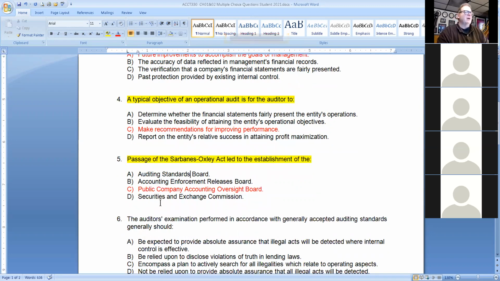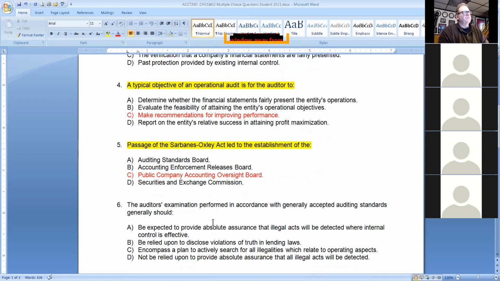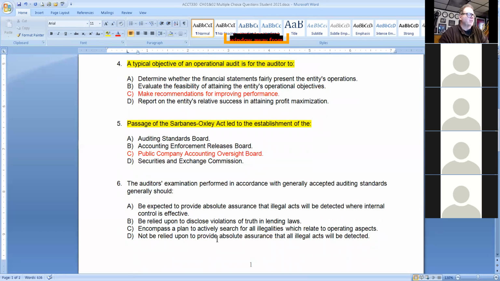And the Public Company Accounting Oversight Board is underneath the Securities and Exchange Commission. The Securities and Exchange Commission was made in 1931, I think it was. So they're underneath there, but the establishment of that organization was made by the Sarbanes-Oxley Act. But the overseer is the Securities and Exchange Commission, which was made many years earlier.